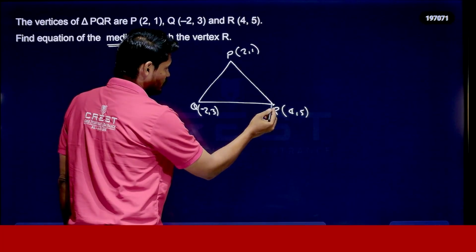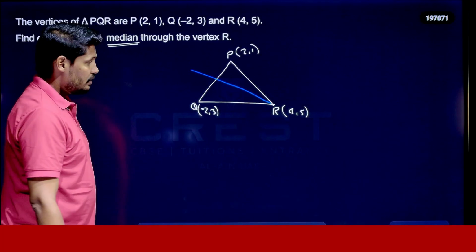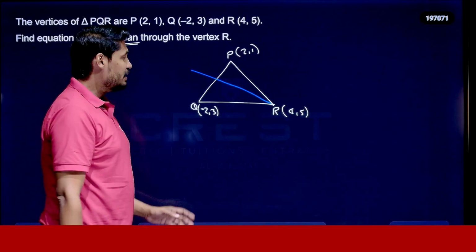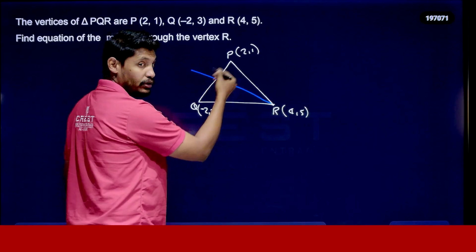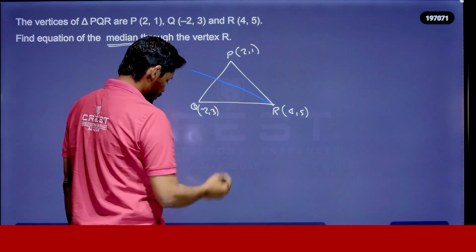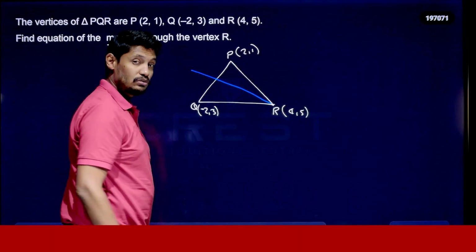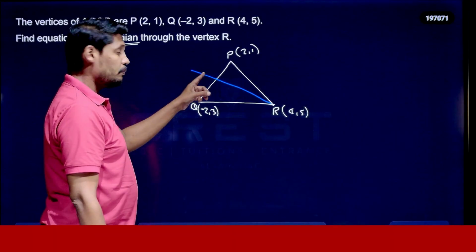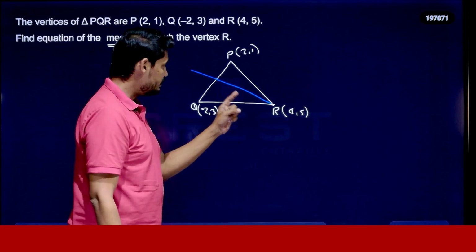You can draw it with another line, in another color. And what is a median? The median passes through the midpoint of PQ. This point can be found because we know that the median always passes through the midpoint of the opposite side.